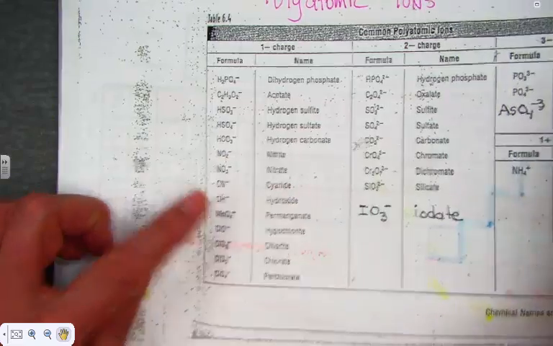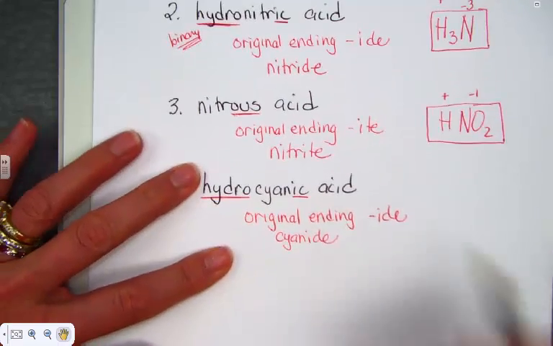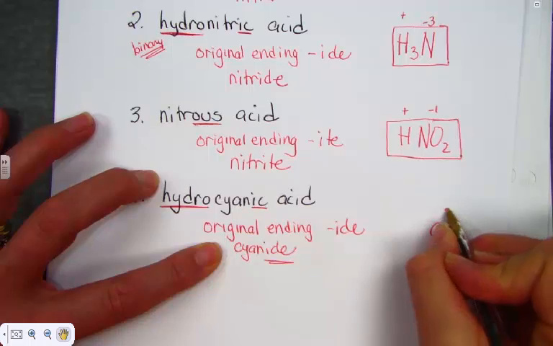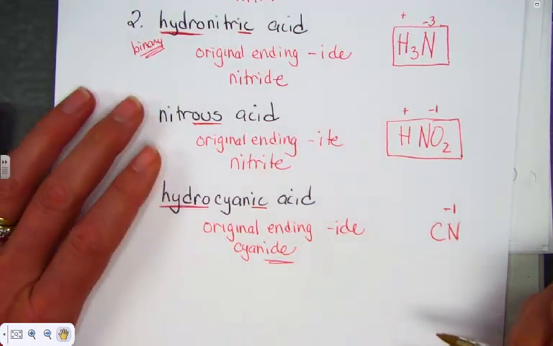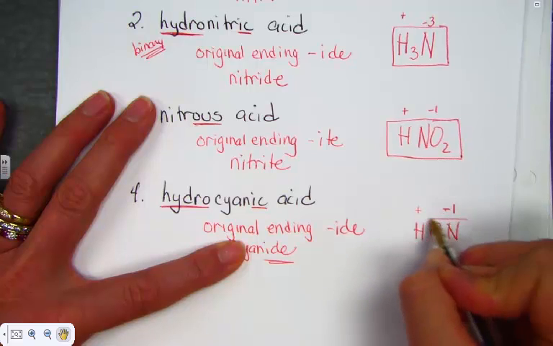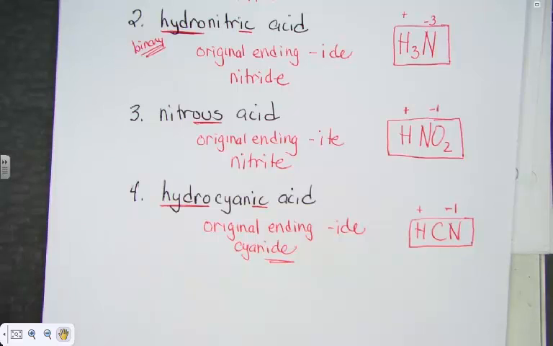Ending in ide makes it follow this rule, hydro root word ic. So the original ending is indeed ide. It's just a polyatomic that's doing it. CN-1. Start it with an H because it's an acid. +1 balances a -1, and we get HCN, hydrocyanic acid.